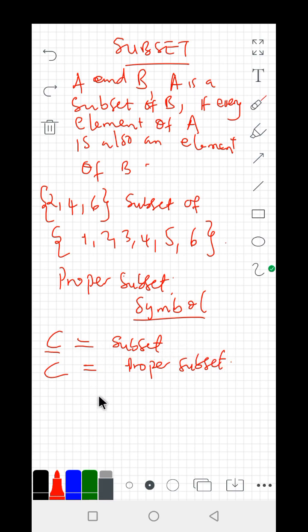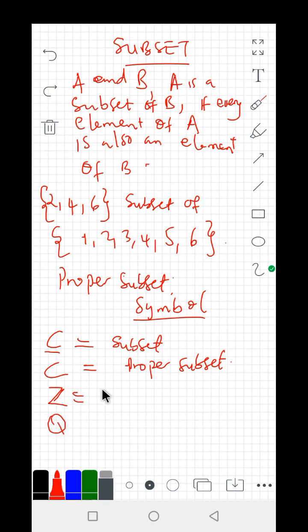So let's explain this with more examples. We say that A is a proper subset of B if A is a subset of B but is not equal to B. So for instance, let's say the set of integers and the set of rational numbers.